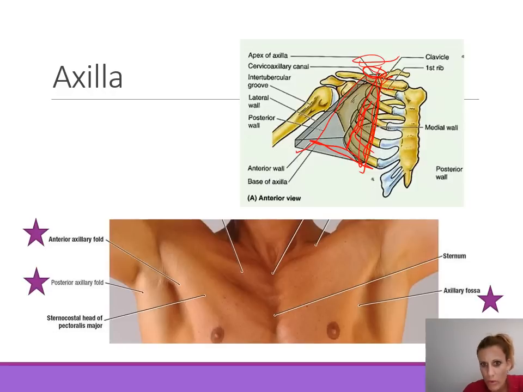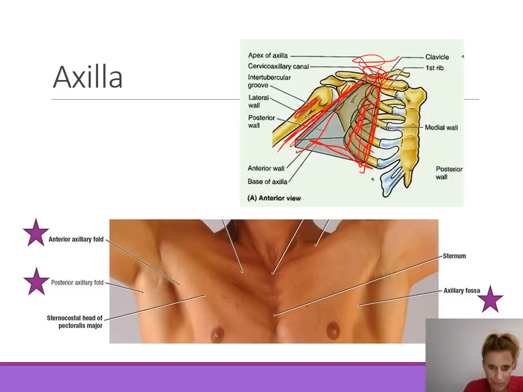The lateral border was this intertubercular groove of the humerus. The posterior border is the scapula and the subscapularis. And then the anterior wall here was formed by the pectoralis major and minor.